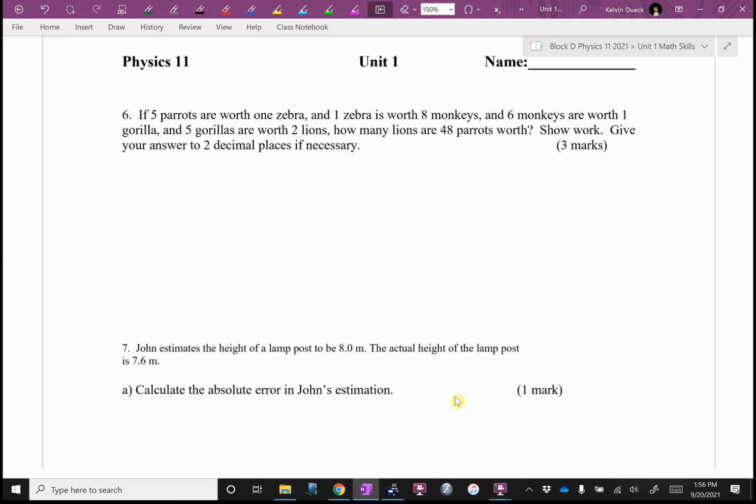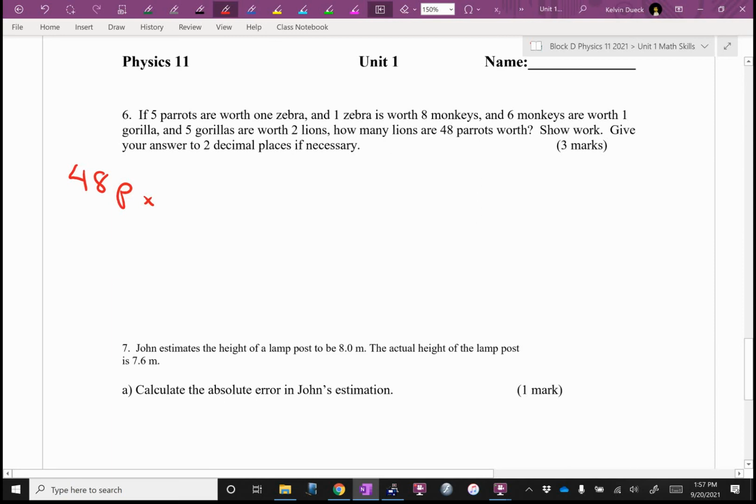I didn't panic. Mr. Dewick is not going to throw something at me that's unfair that I don't know how to do. I must know how to do this. So here we go. I wrote down what they gave me because that's how I start all of these. What did they give me? I read it, 48 parrots, although I abbreviated.